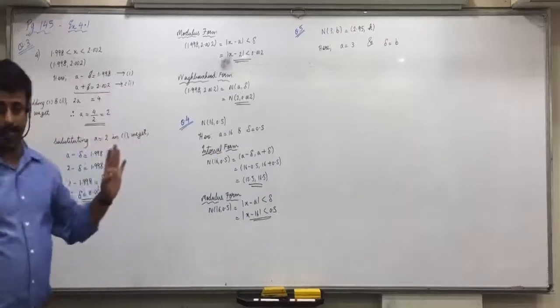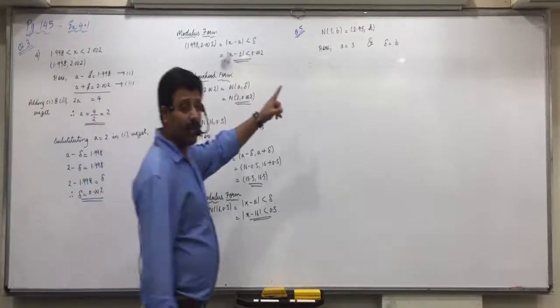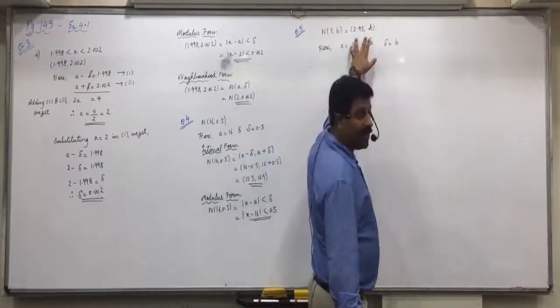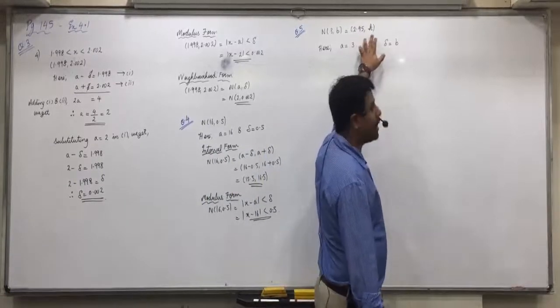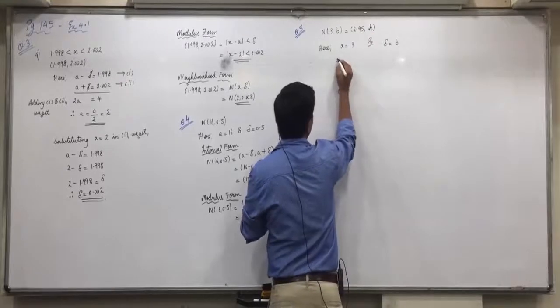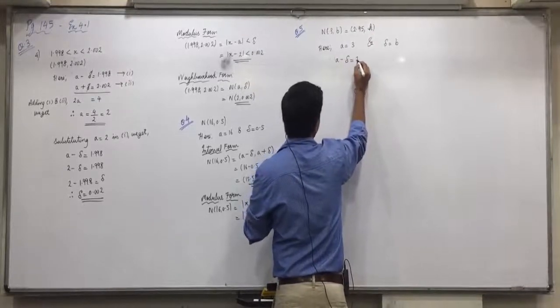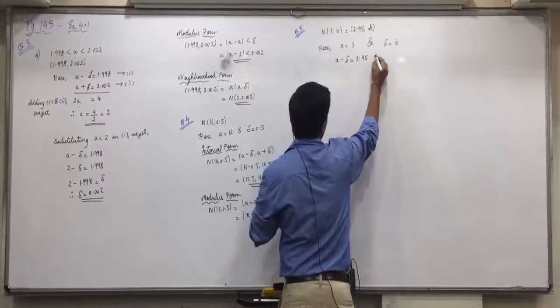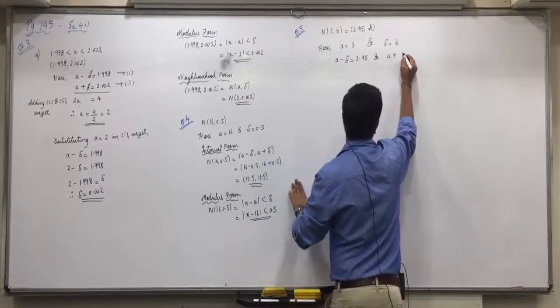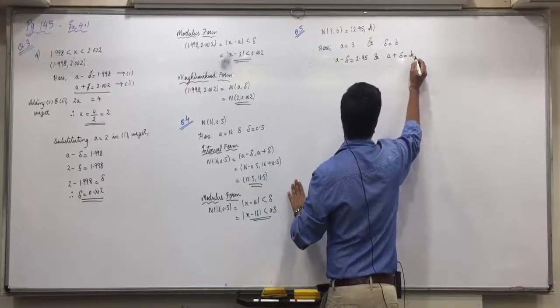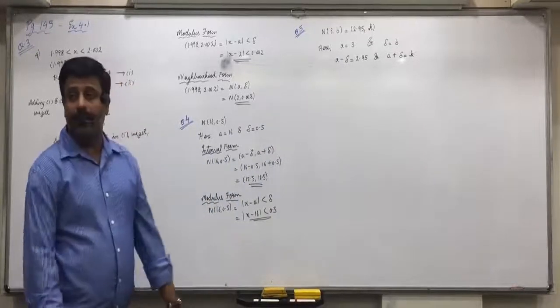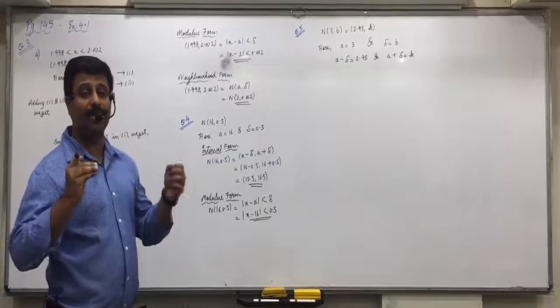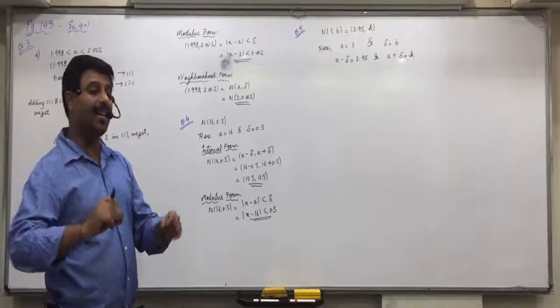Any confusions? And which is the second form? Interval form. How do you write the interval form? a minus delta, a plus delta. So a minus delta is 2.95 and a plus delta is k. Any confusion in this?